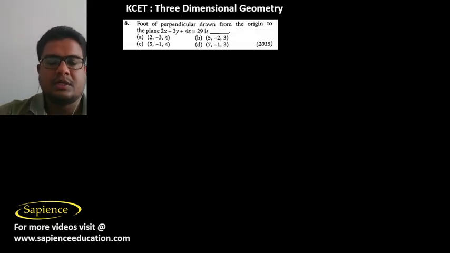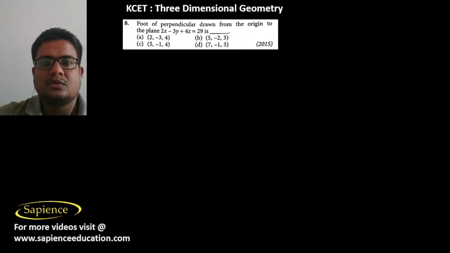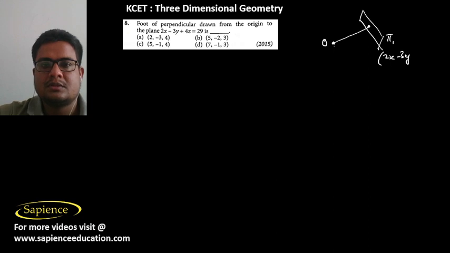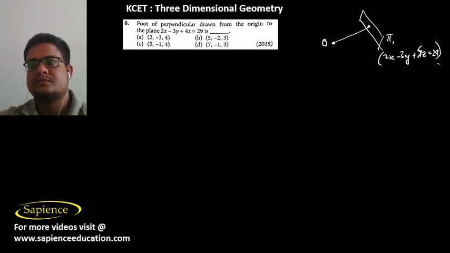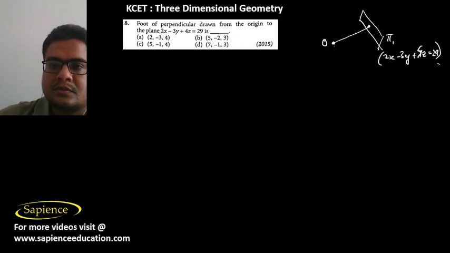Then in question number 8, we have to find the foot of the perpendicular that is drawn from the origin to the plane 2x minus 3y plus 4z equal to 29. Suppose the foot of the perpendicular M is (x1, y1, z1).